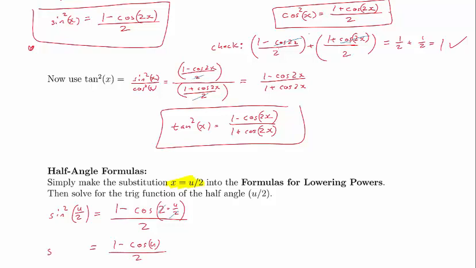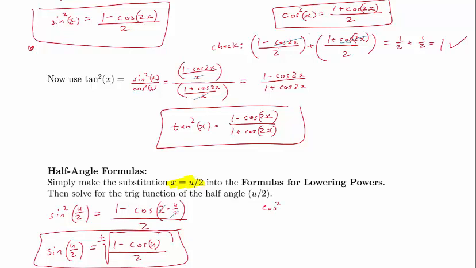So that is our half angle formula. And we can go ahead and put that square root on there, positive or negative. So there is our formula. Nice and easy. So let's do the same thing for cosine now.